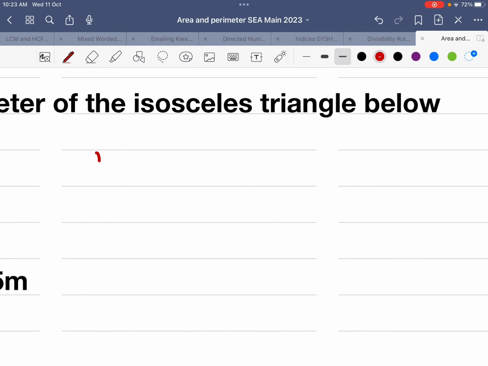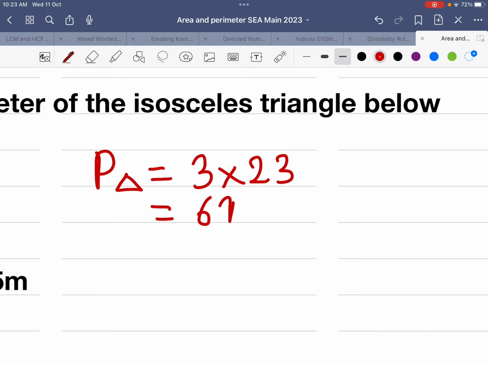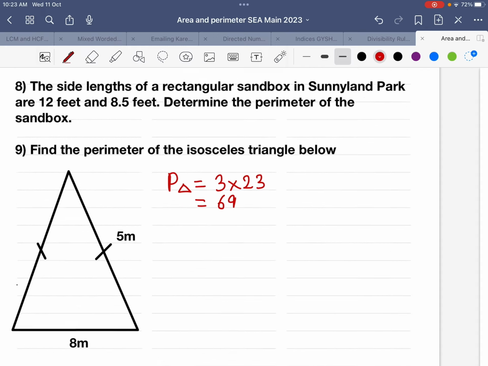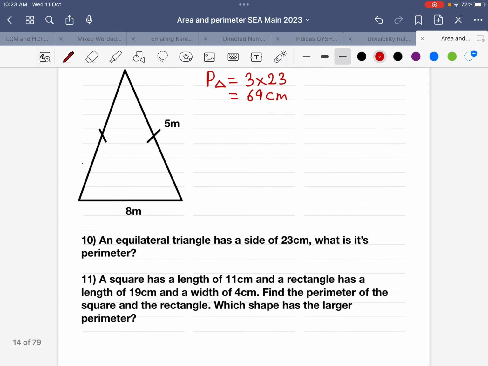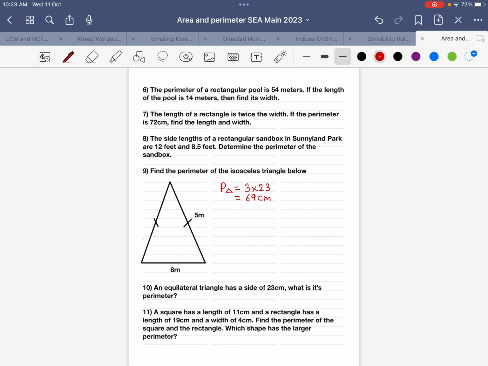So the perimeter of the equilateral triangle will be 3 times the side, which will be equal to 69, and that's 69 centimeters. Right, number 8 and number 11 is fairly simple, so we'll skip that for now.